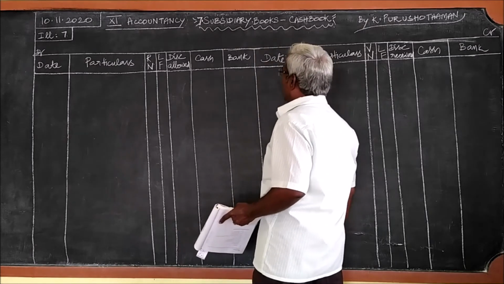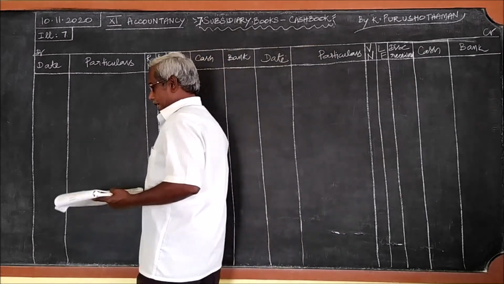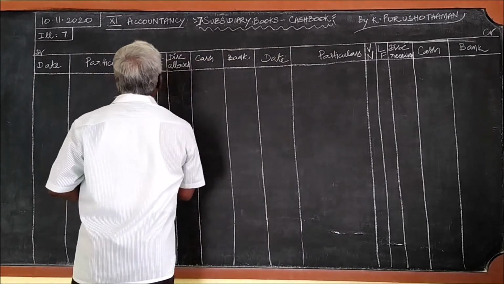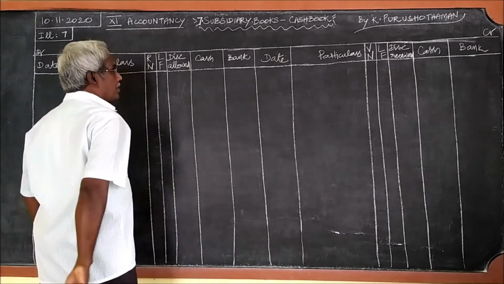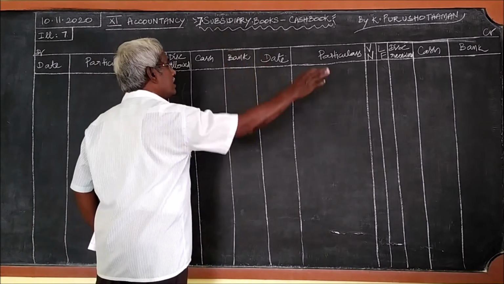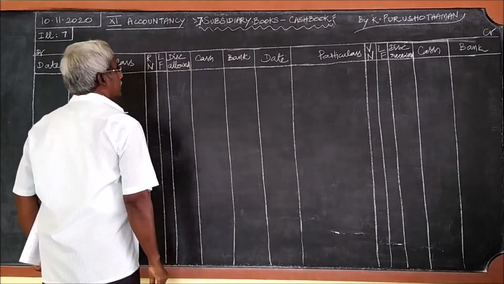I remind you once again, there are 14 columns, out of which 7 on the debit side, left hand side, and the remaining 7 on the right hand side.